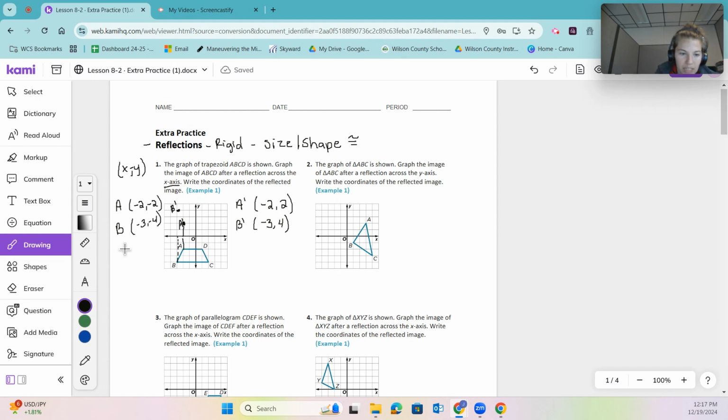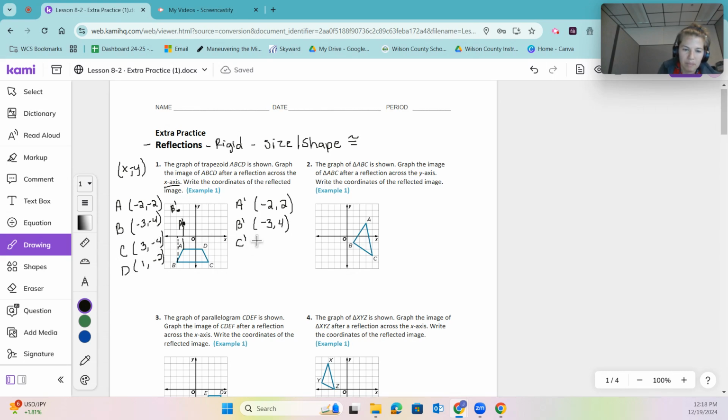So we're going to do the same thing here for C, which is at (+3, -4), and D is at (+1, -2). And I'm going to take the opposite of my y value.